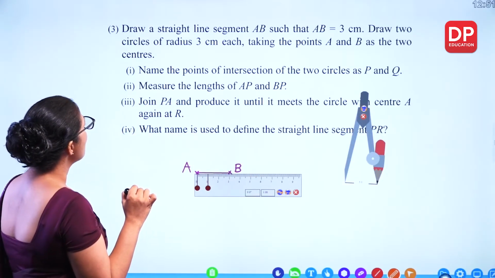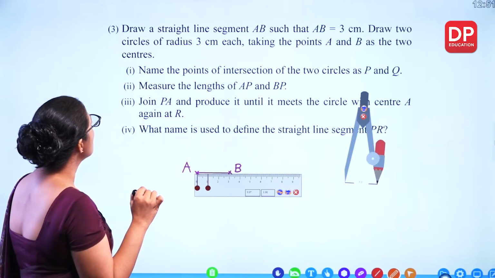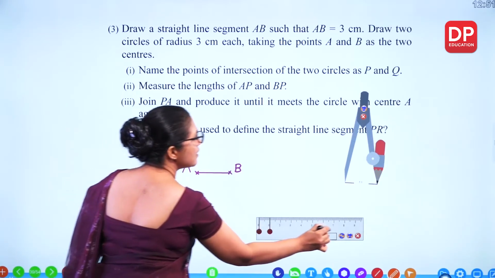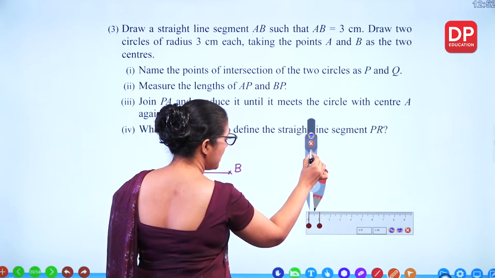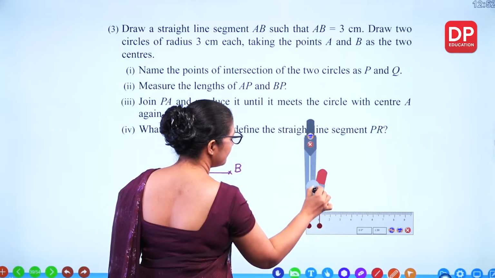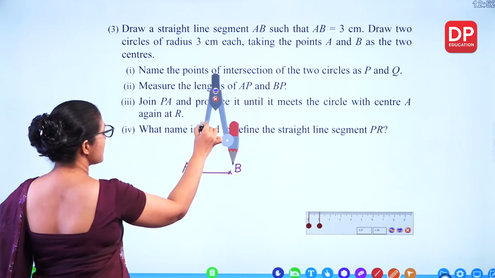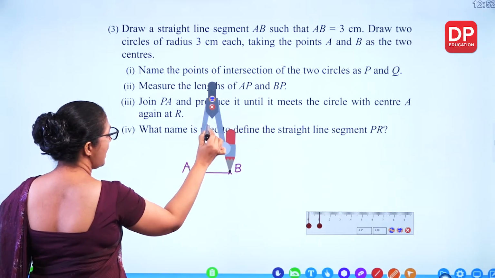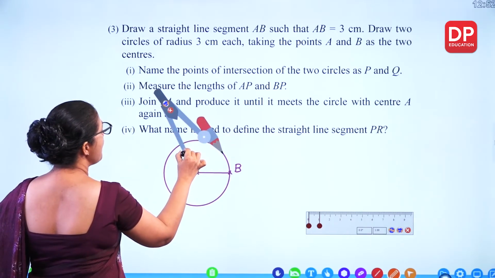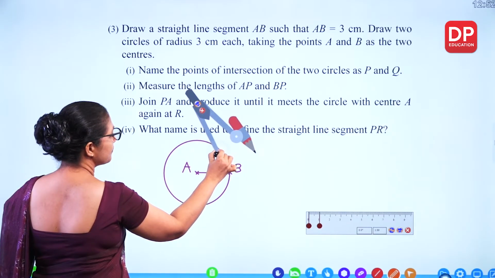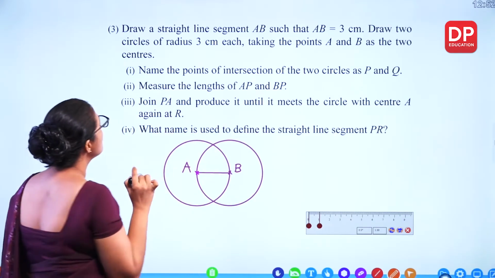Draw 2 circles of radius 3 centimeter each, taking the points A and B as the 2 centers. So I'll take the compass, measure 3 centimeter length and draw a circle with center A first and then center B. So these are the 2 circles.